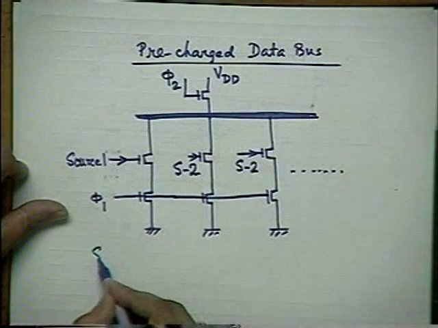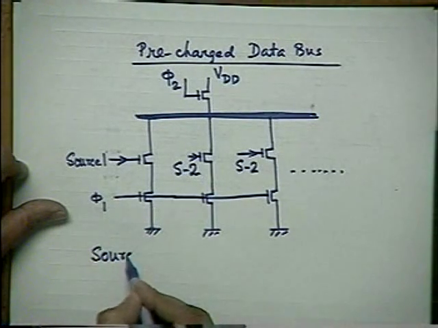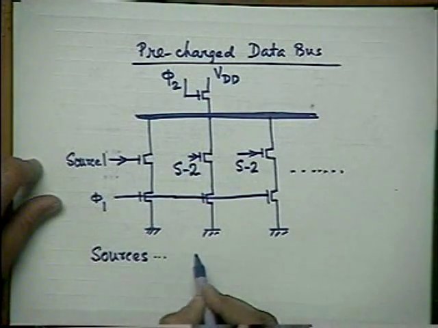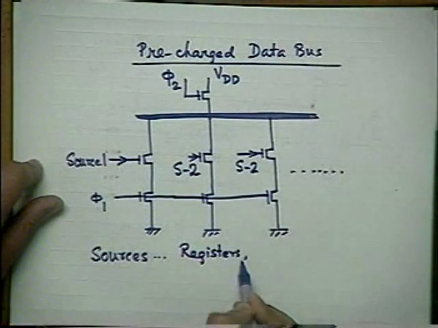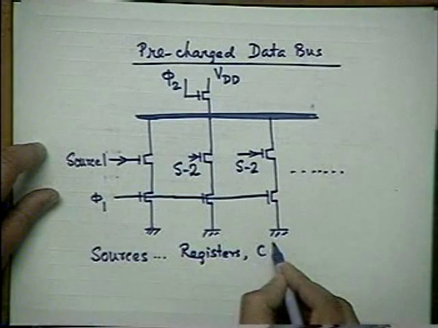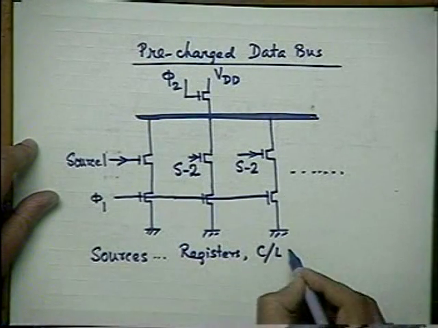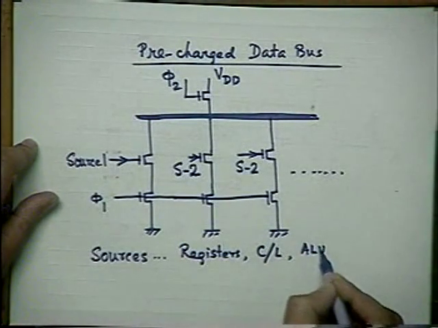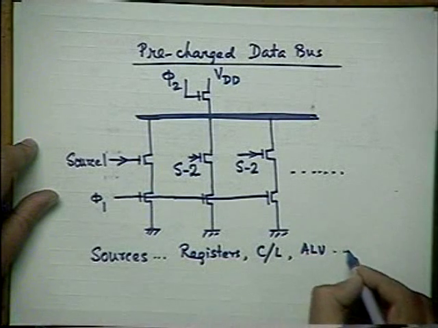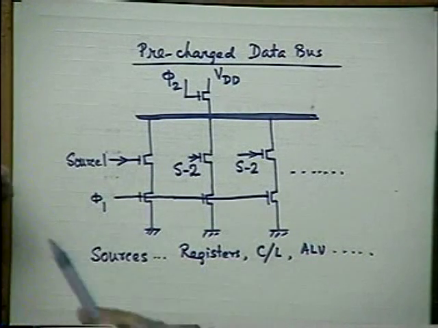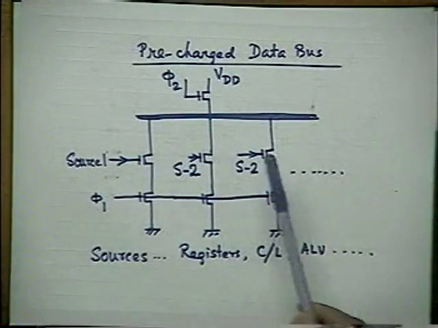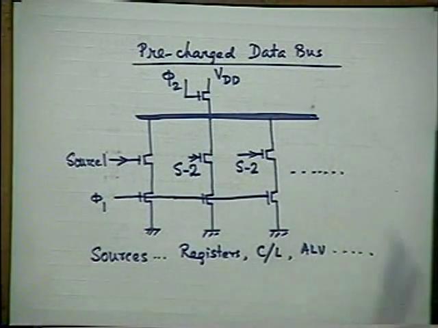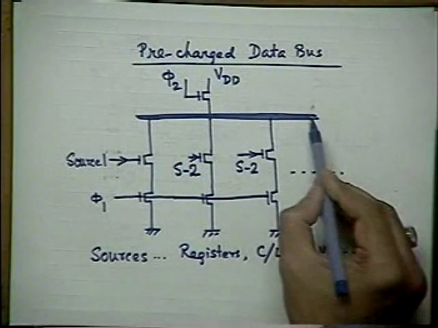Where the different sources may be, say, registers, the outputs from registers, maybe some functional blocks, meaning combinational logic outputs, ALU, etc., and various other functional blocks available on the chip. As you know, sometimes we have to combine them and get an output like this. So this is a common data bus.